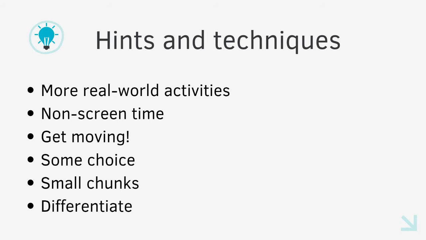So now we'll be talking about hints and techniques. One approach that works really well is to try to incorporate more real-world activities, not just things that are written for learning the subject, so to say. So for instance, maybe if you're working on adjectives, you might want to get students to take photos or find photos on their phone that could illustrate those adjectives, or, for example, different letters of the alphabet.